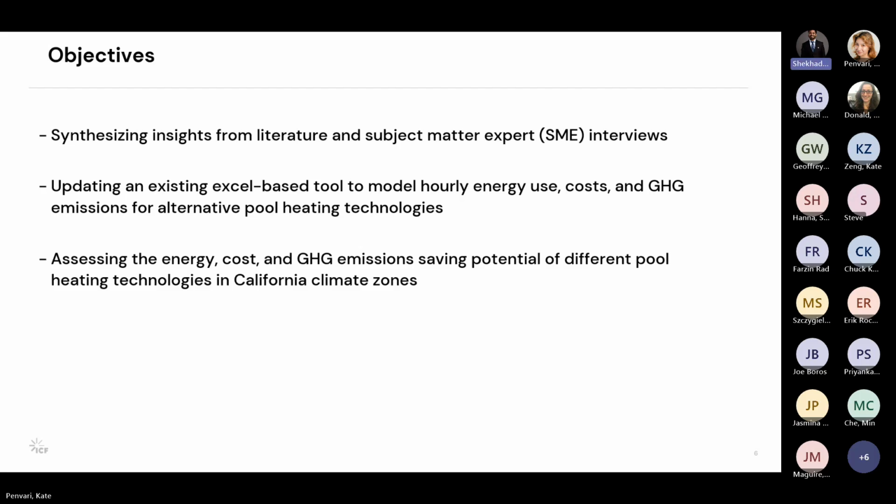Another important objective was to update an existing Excel-based tool developed by ICF to model hourly energy usage, cost, and emissions for alternative pool heating technologies and facilitate that comparison of different technologies with a focus on California climate zones. Also, the objective was to assess energy cost and GHG emission saving potential, and as I said, with a focus on California climate zones.